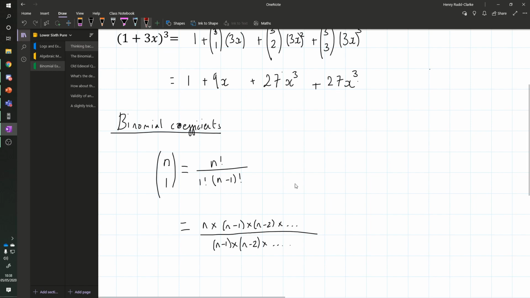What happens is this is just a nice fraction with some common factors in the numerator and the denominator, and the answer is n.